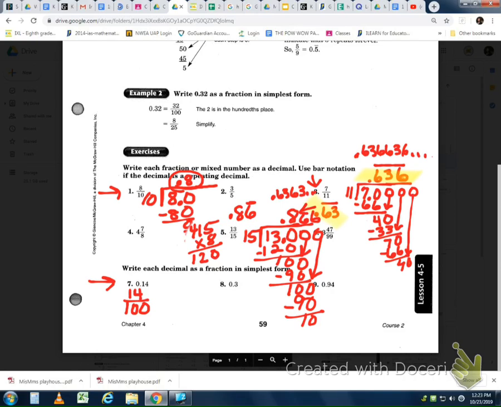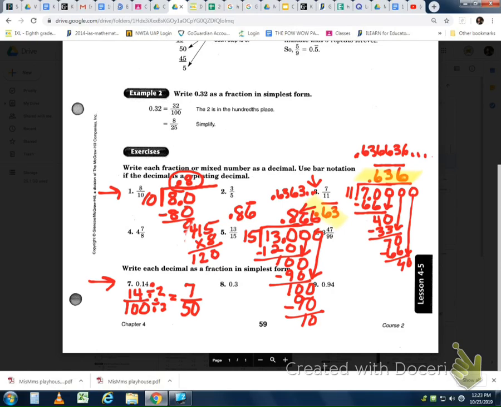Now let's reduce that. What's something we know for sure we can divide out of 14 and 100? Irene? Definitely 2. So let's divide them both by 2. What's 14 divided by 2? 7. What's 100 divided by 2? 50, divided by, not multiplied. 7 over 50.